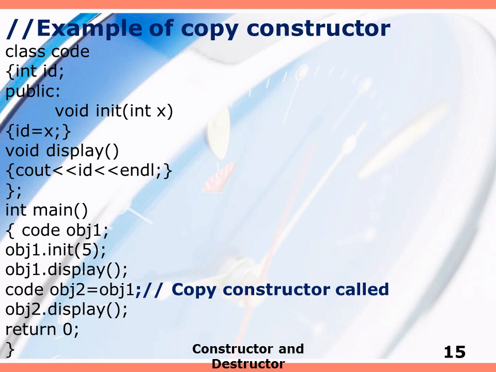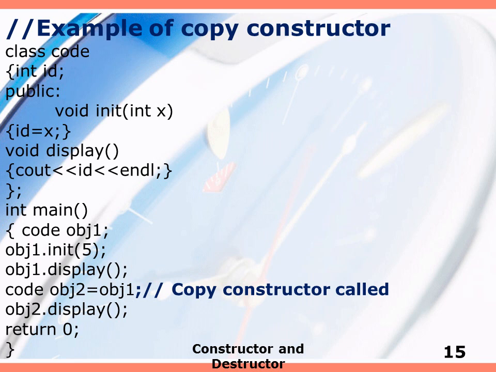Moving to the main function, obj1 is the object of this class code. The next line, obj1.init(5), will initialize the value of ID to 5. When we call the display function, that value will be displayed.